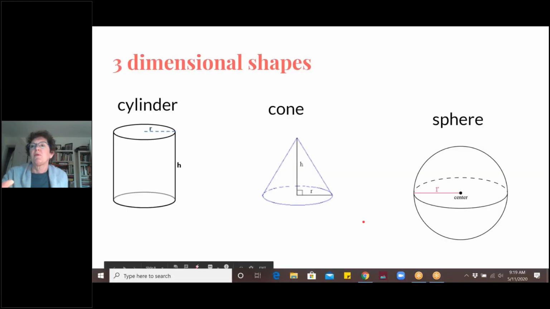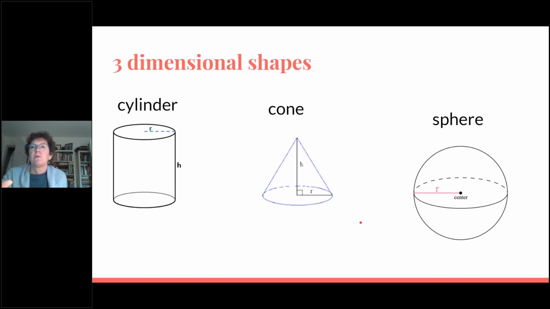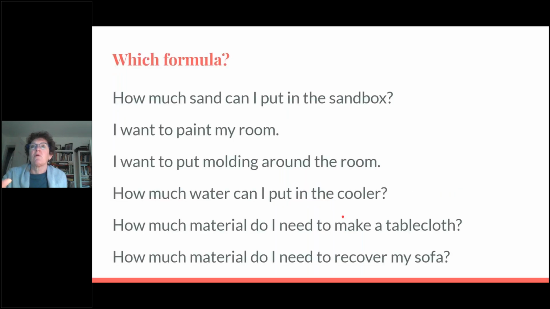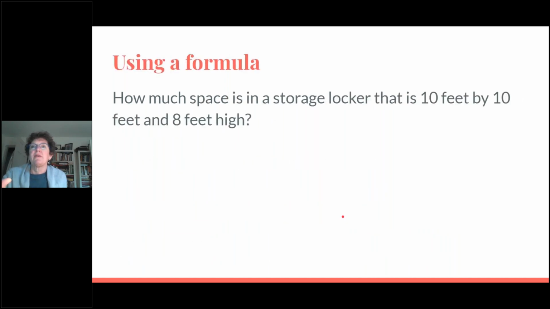So let's go back to look at our screen. Okay, so we were talking about 3-dimensional shapes and just to remember what those shapes are. We had talked about these area and volume questions.